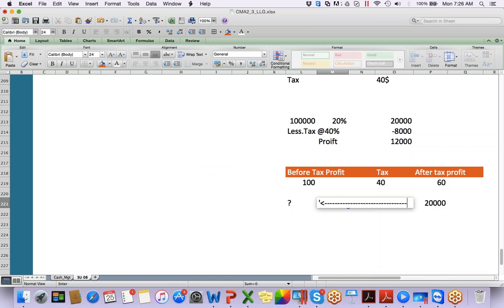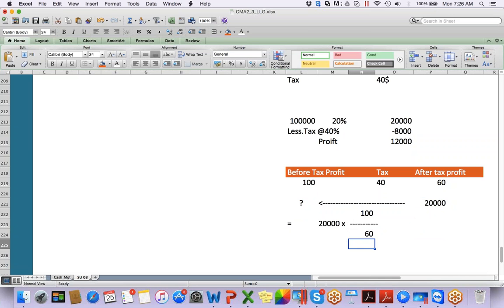This is the calculation. I want after tax profit of 20,000. How much should I earn here? Now this equals 20,000 times 100 divided by 60.